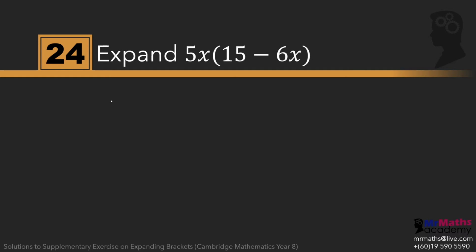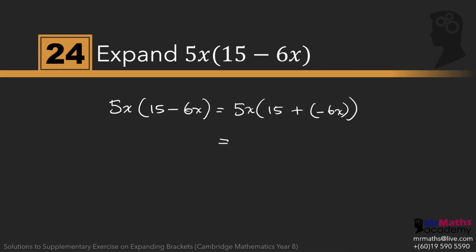Question 24. 5x minus 15 minus 6x. So that is 5x, 15 plus minus 6x. So that is 5x times 15 plus 5x times minus 6x.